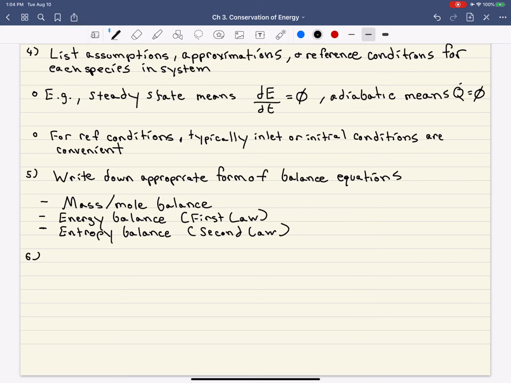In those balance equations, you'll probably have things like volume, pressure, and temperature. A lot of the time, a priori, you won't be told what the pressure of the system is, or you'll be told the pressure but not necessarily the volume or the temperature. You won't be told all the conditions of the system. And so in order to gain more information about your system, you then need to combine your balance equations from step 5 with actual thermodynamic models.